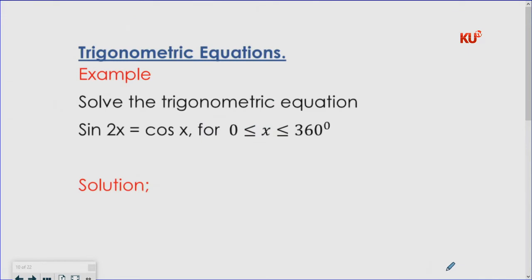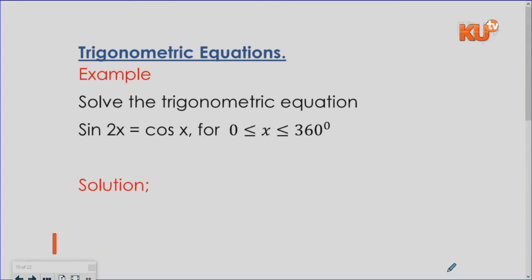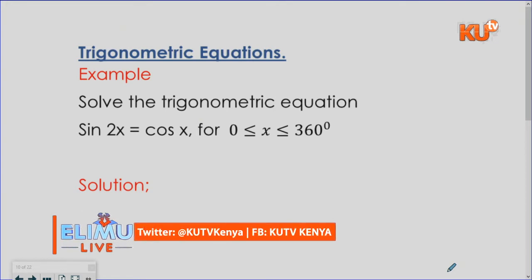Next subtopic is trigonometric equations. Here is where we have to be very careful, because it's an area that is always tested. So you have the first example: solve the trigonometric equation sine 2x is equal to cos x.